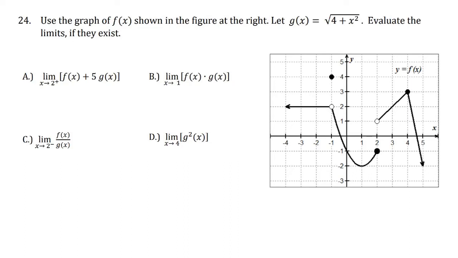So here we're going to look at the limit as x approaches 2 from the right of f of x. And then I'm going to add to it 5 times the limit as x approaches 2 from the right side of g of x. So hopefully this is a matter of plugging in here.